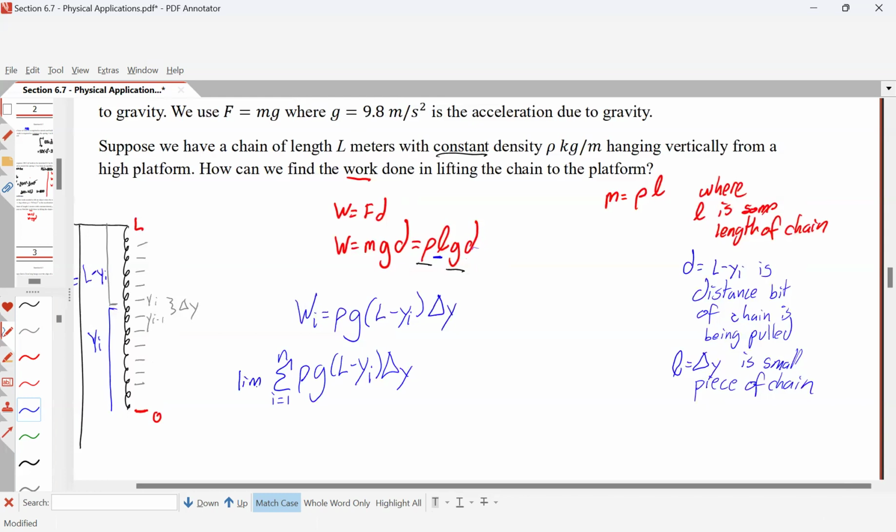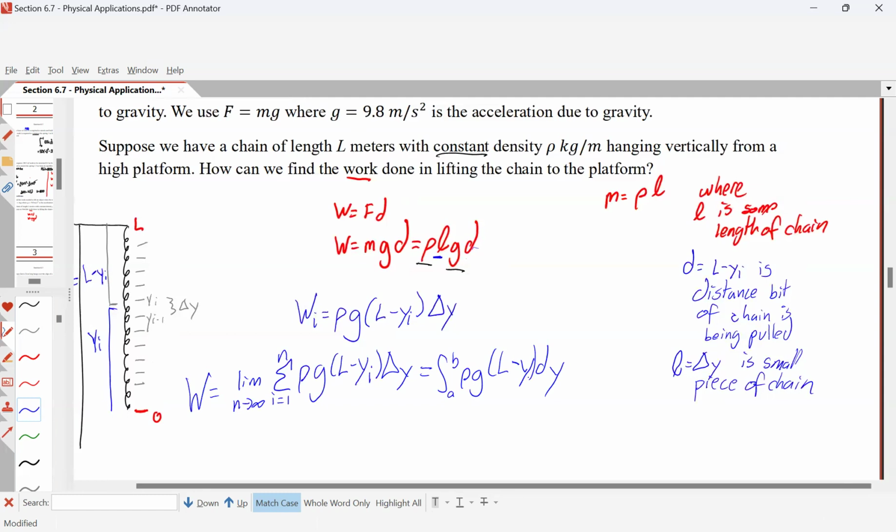And then we take the limit. We make those pieces as small as possible. And taking the limit will give us work. But this is also the integral from a to b of rho times g times L minus y dy. So that is our formula for finding the work done pulling chain up.